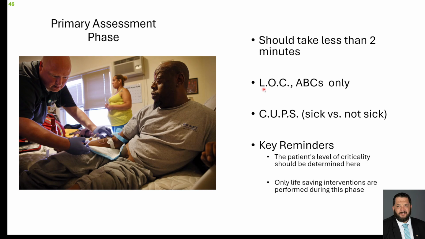Okay, that level of consciousness gives us an idea of how well their brain is perfusing and working. Okay, so that's a very short assessment technique to be able to determine how sick or potentially not sick that patient may be. And the other three things we're really going to assess in the primary survey is the airway.